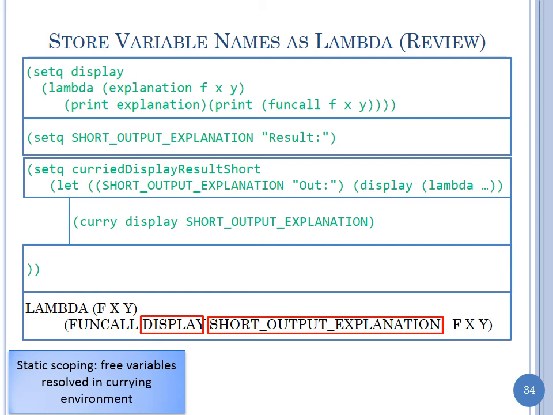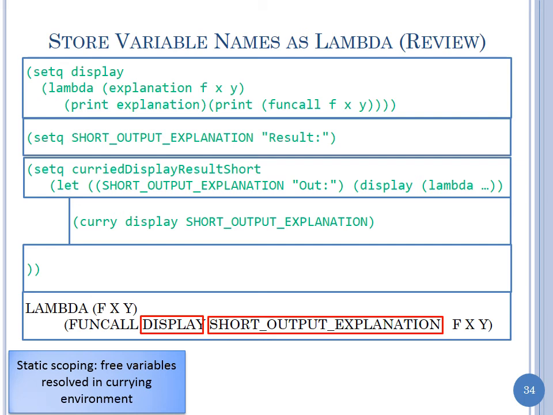We've got the function display, and we define curried display result short, and that's a set queue, assigned this particular curry operator here.